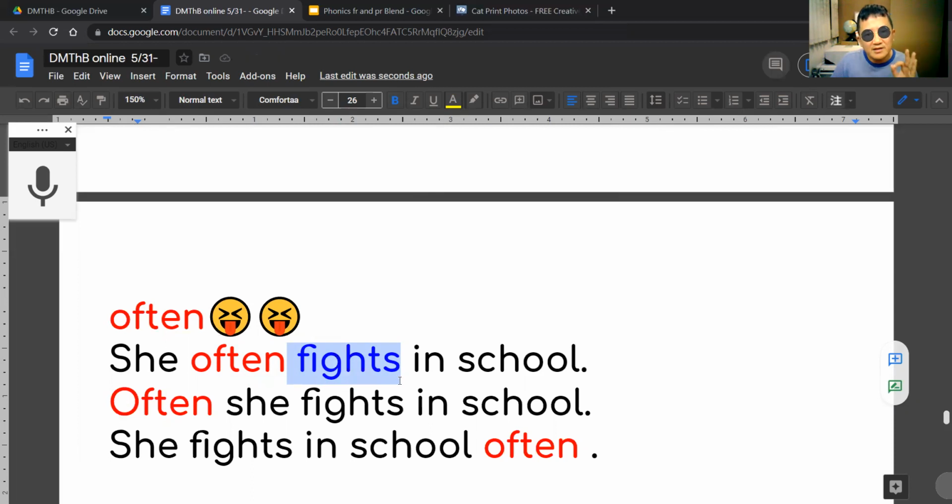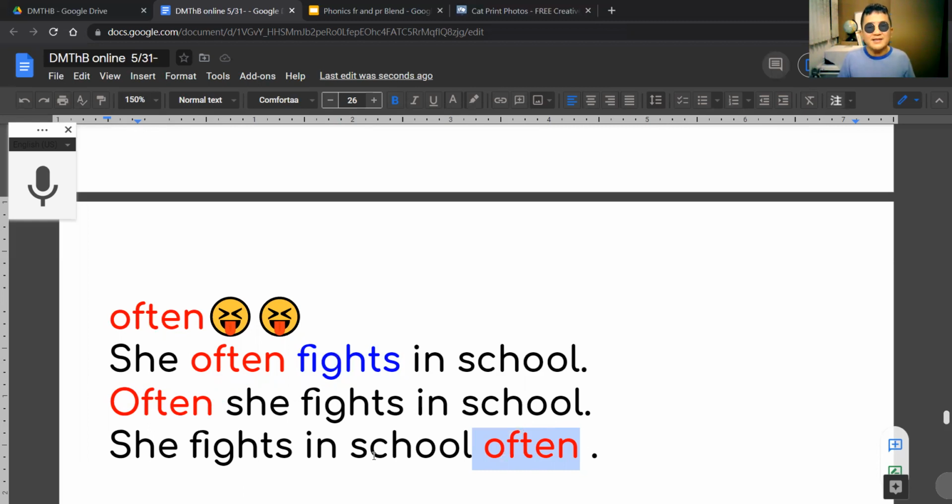But often is a naughty word. Sometimes it moves itself to the beginning of the sentence, okay, away from the common verb. Okay, it moves all the way to the beginning of the sentence. And it gives us, often she fights in school. And often is even naughtier than usually because it moves itself sometimes even to the end of the sentence, as in, she fights in school often.